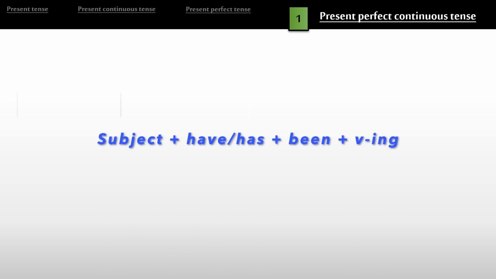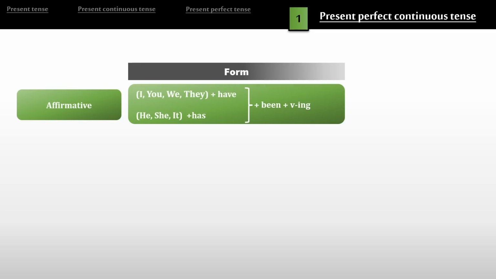Present perfect continuous. This tense is used to describe an experience or an action that started in the past and is still continuing till the present moment. The present perfect continuous is formed with have or has plus been plus the ing form of the verb. Affirmative. I, you, we, or they plus have plus been plus verb ing, and he, she, or it plus has plus been plus verb ing.